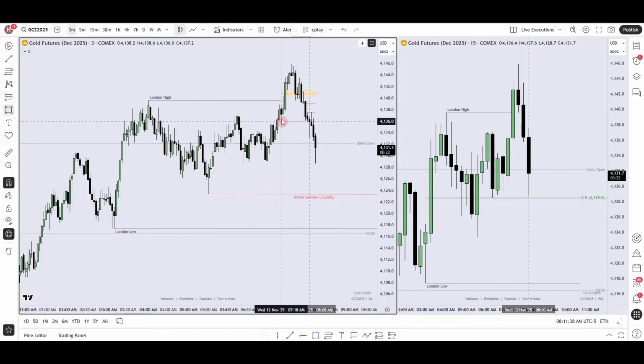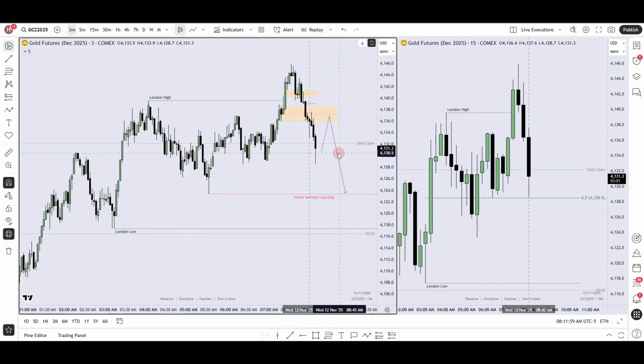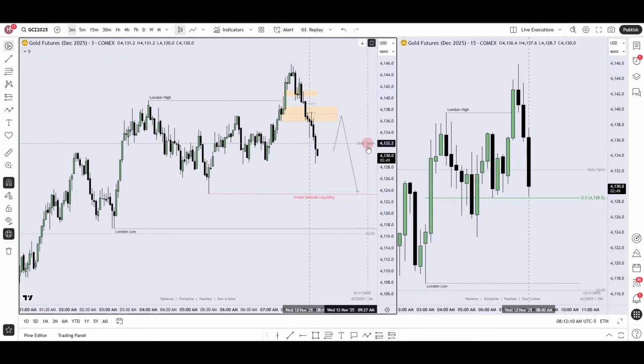I would mark out this breaker block and we'll see if we can still get a dip here, and that'll be more like it. That's if the market is not going to kill us anyway.